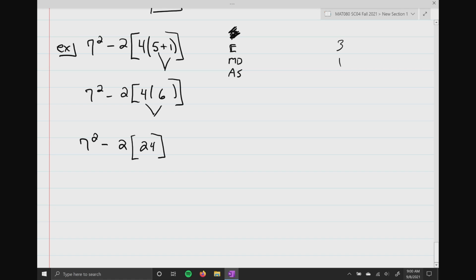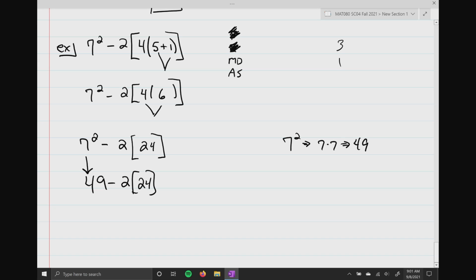Exponents. Well, I see it right here. 7 to the second power means 7 times 7. So that's going to be 49. Now I take a second. Am I done with my exponents? Absolutely.